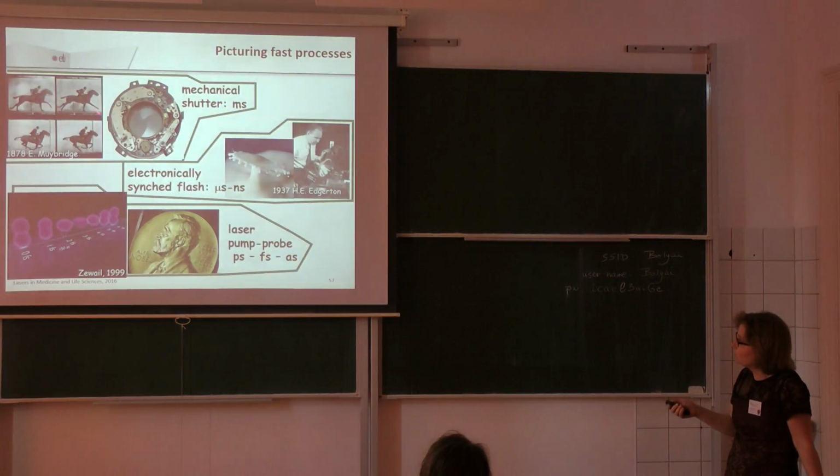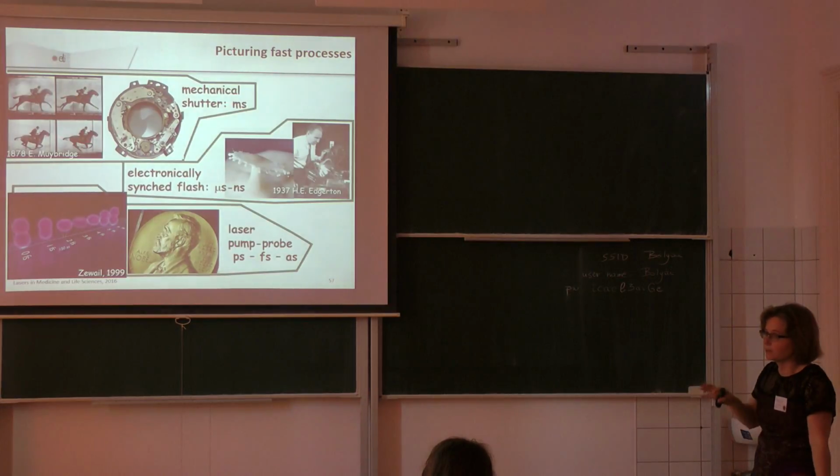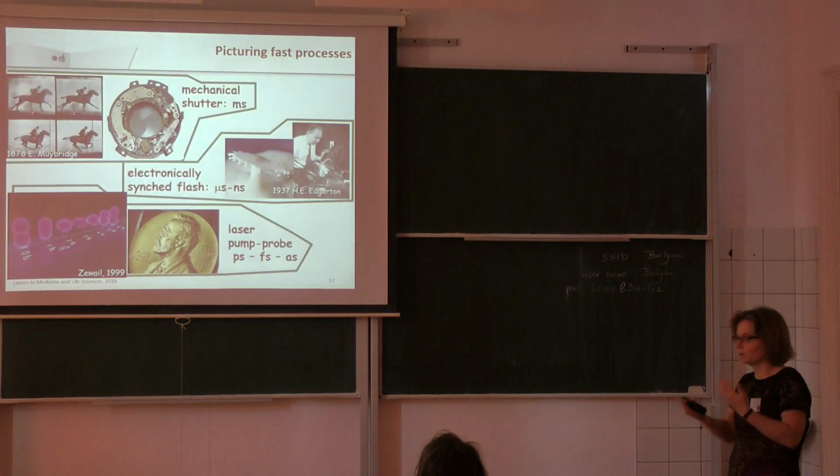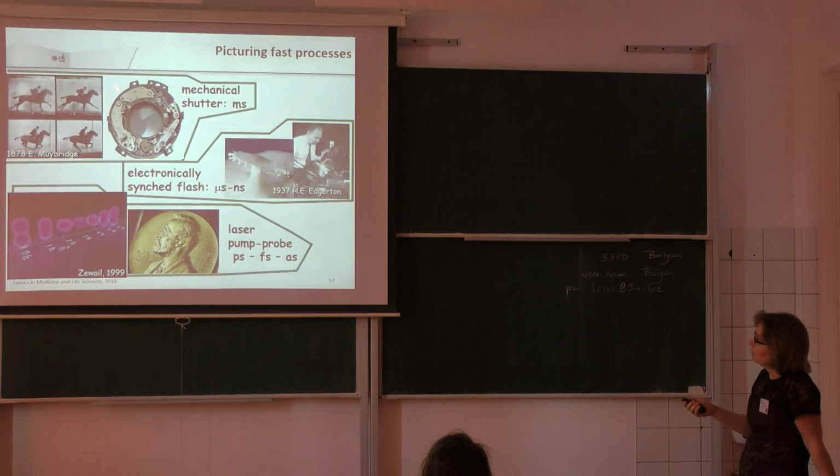And then you can really see what is happening during the motion by freezing it. So this is the analogy that we use when we discuss what molecules are doing, because it's easier to understand. So basically, fast processes in the millisecond range, 10 to the minus 3 second range, can be observed when we freeze the motion by a mechanical shutter.